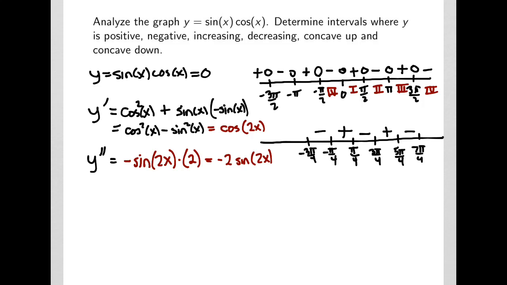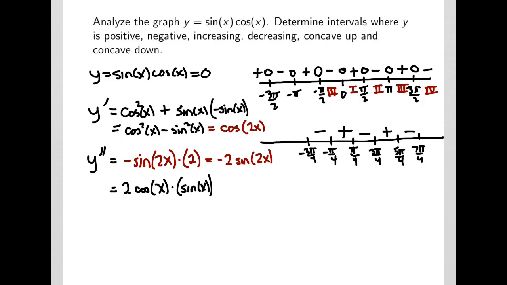If I use the original formula that I had before with the cosine squared minus the sine squared, I would need to use the chain rule with the power. So this is cosine squared. The alternate approach is to say, okay, it's 2 times the cosine of x to the first power times the derivative of cosine, so times sine of x.